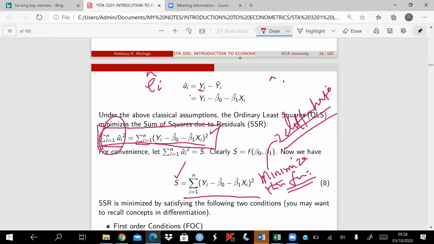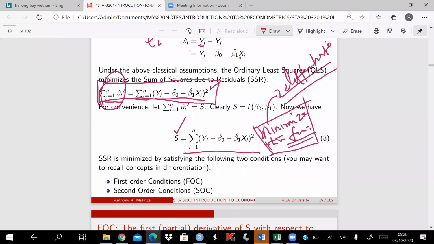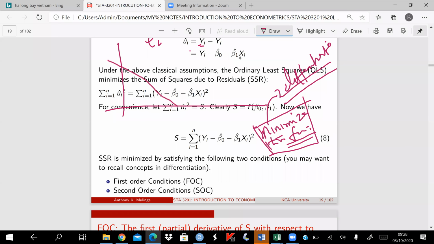There are two conditions that must be satisfied for you to be sure that you have obtained the minimum point, because you don't want a scenario where the function looks like this. You don't want a scenario where you are confusing this point to be the minimum point. You want a situation where it is confirmed that this is a minimum point here.